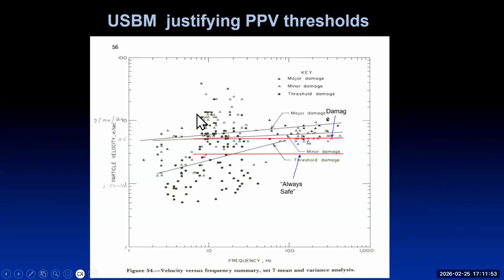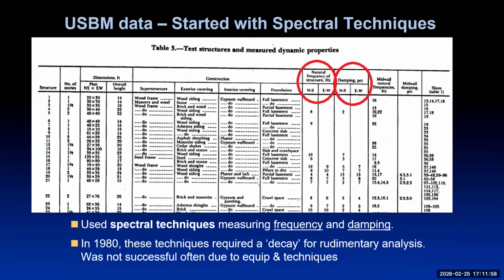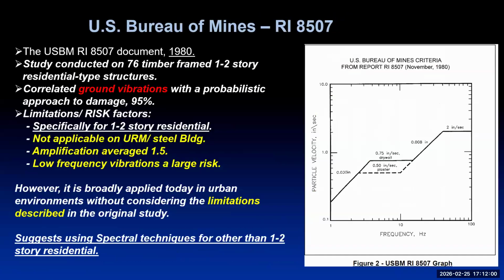But at the end of the day, that three-part curve that I mentioned, I'll just go back to it real quick, sorry. This is just a 95% probability that you won't get damage to an impulse function like blasting. And it goes on to caution about fatigue damage and things like that.